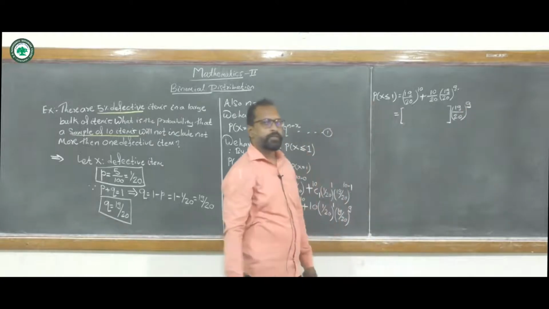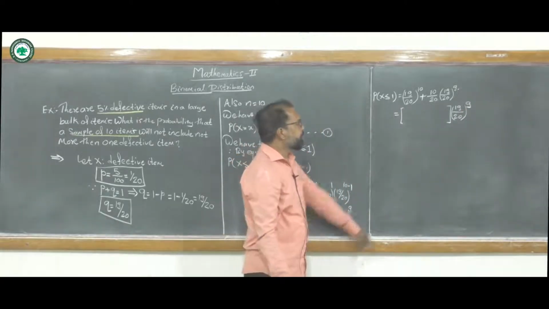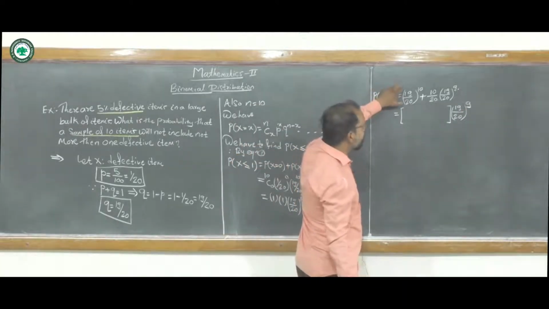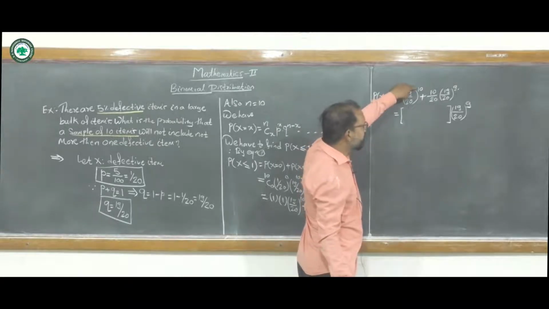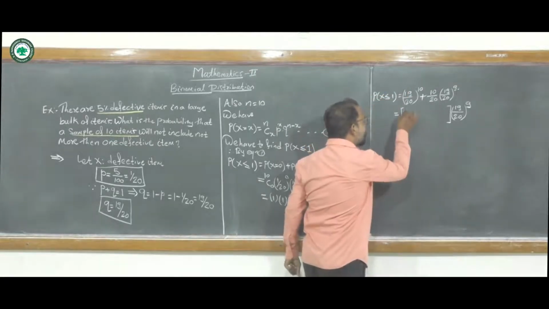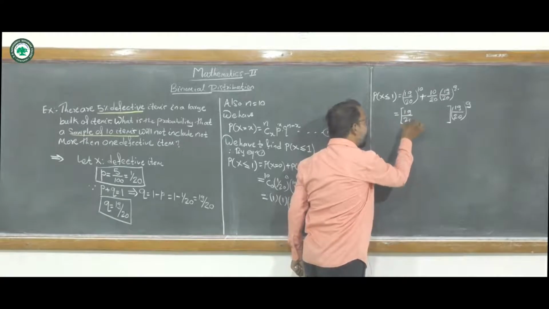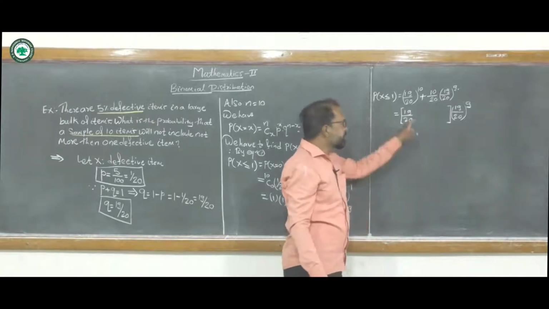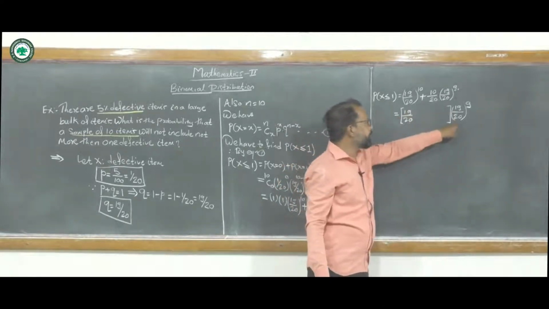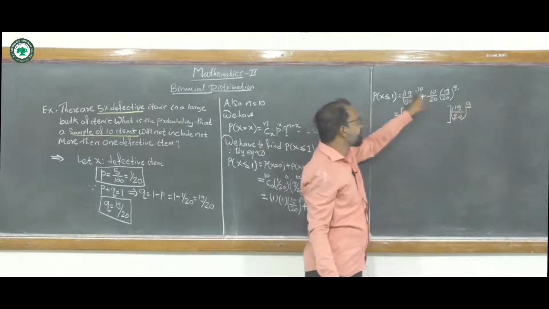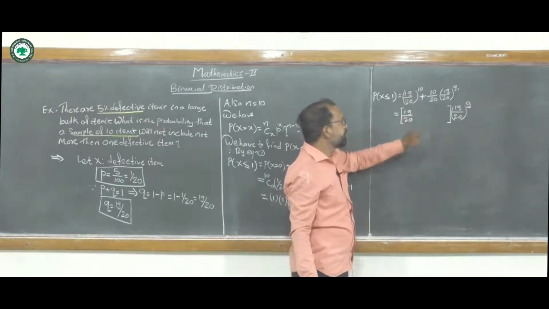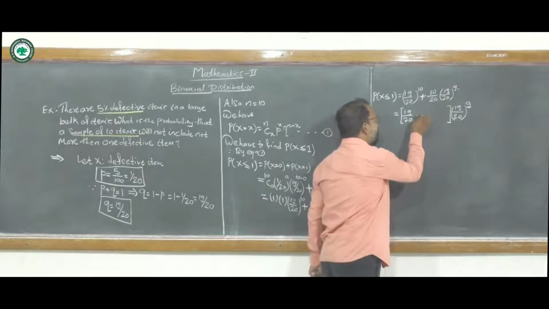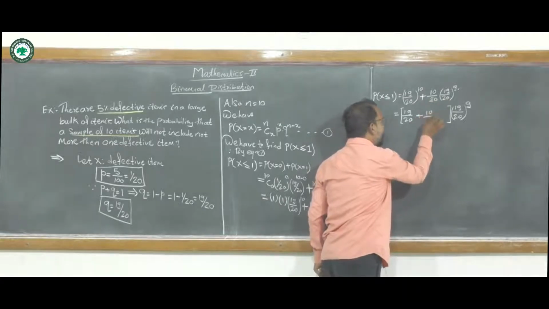Here 19 upon 20 into 19 upon 20 raised to 9 becomes 19 upon 20 raised to 10, so the remaining term is 19 upon 20. From the other term, the remaining term is only 10 upon 20.